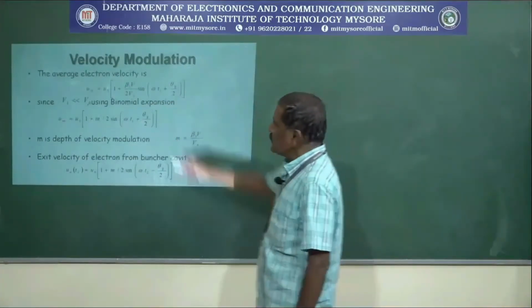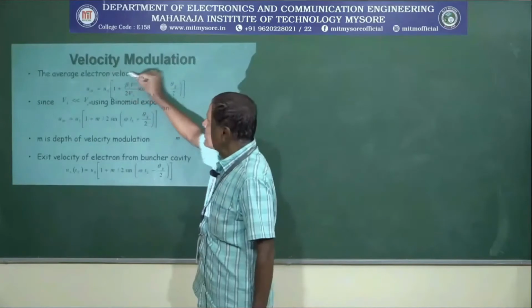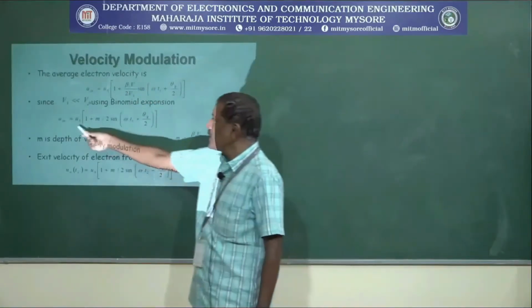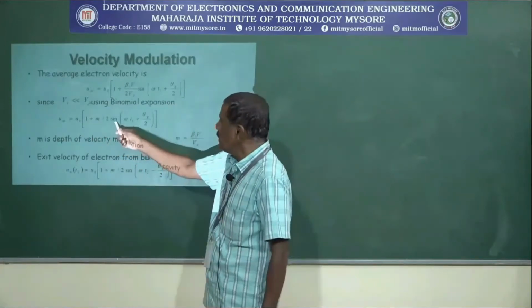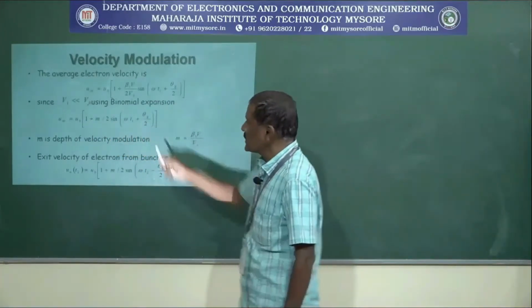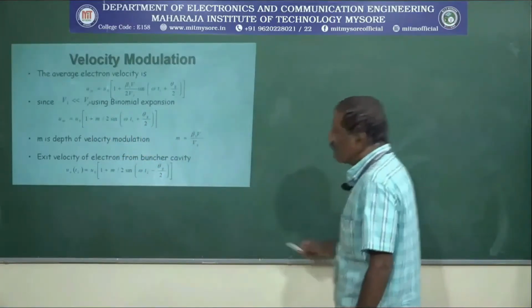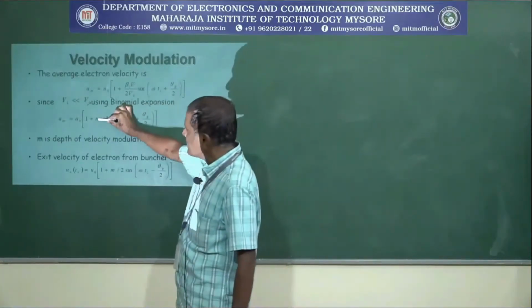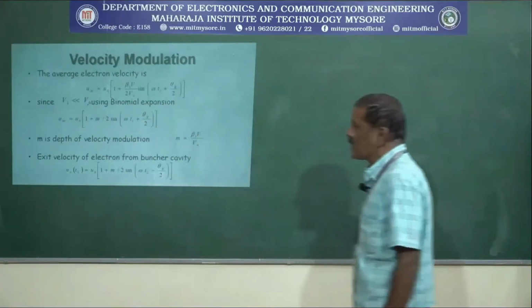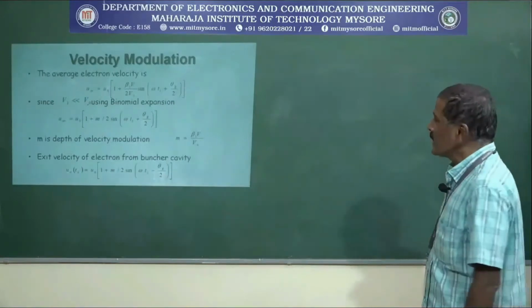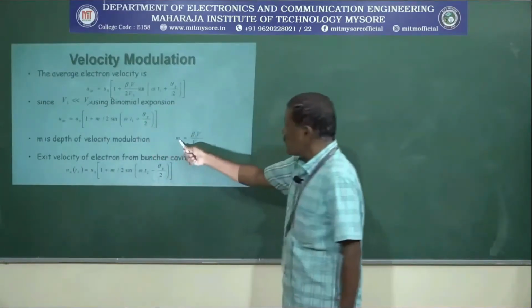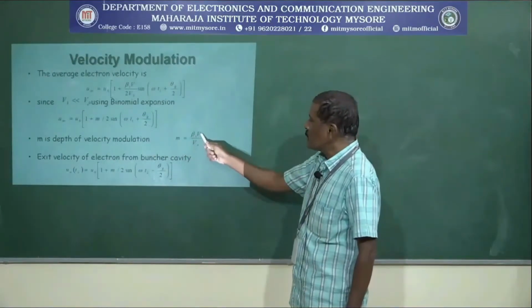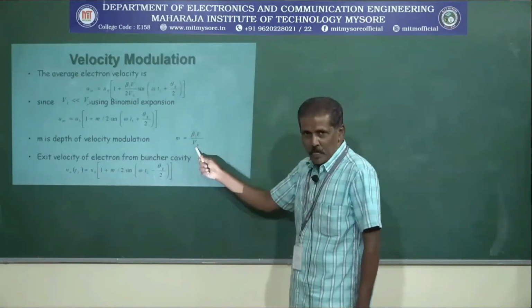So the average velocity of the electrons is calculated from the equation u_av equal to u0 into 1 plus m by 2 into sine of omega t1 plus theta g by 2. In this equation, m is known as the depth of modulation, and m is calculated as m equal to beta 1 into v divided by v0.